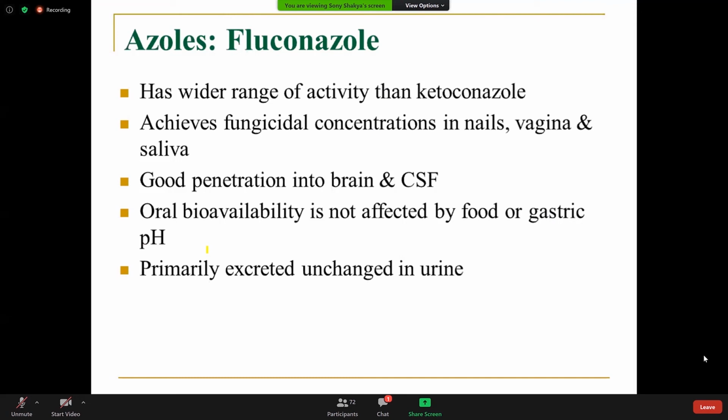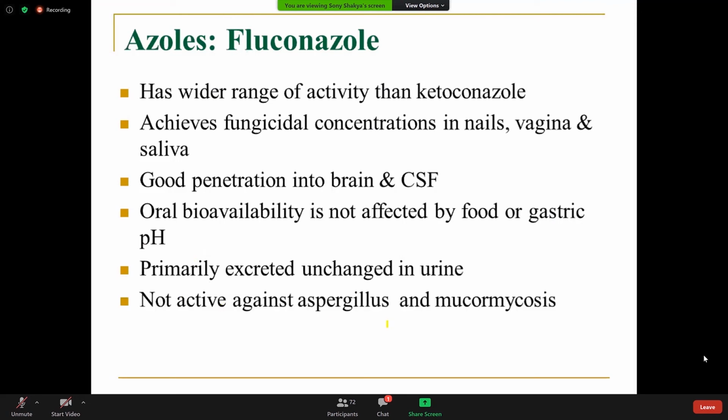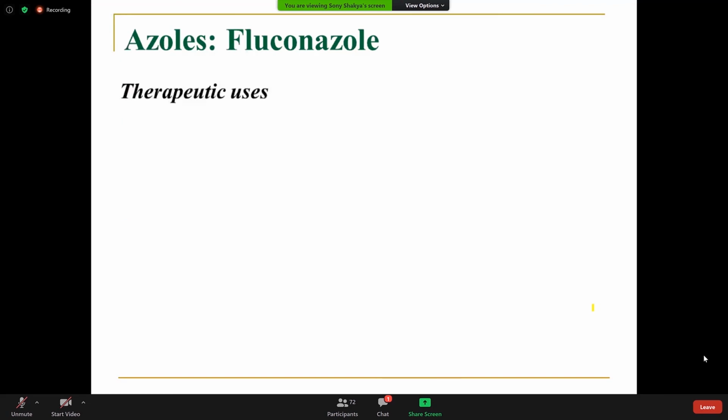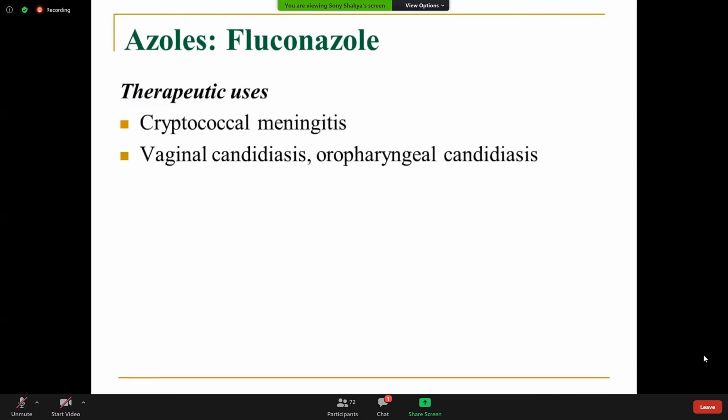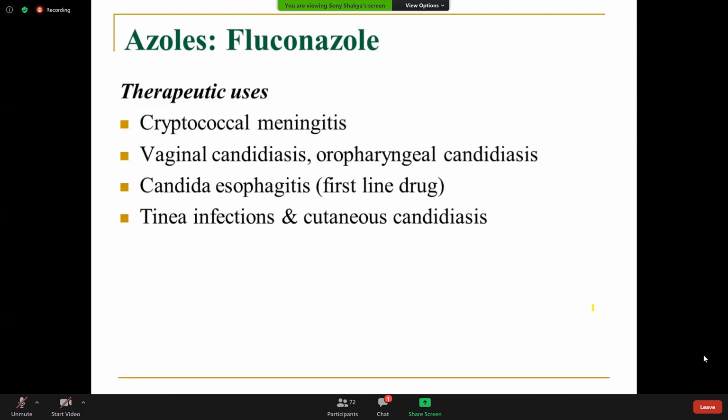It is primarily excreted unchanged in urine and not active against aspergillus and mucormycosis, so it is not used in these infections. Uses: cryptococcal meningitis, given good penetration; vaginal candidiasis, oropharyngeal candidiasis, candida esophagitis, where it is first line drug, tinea infections and cutaneous candidiasis, fungal keratitis.